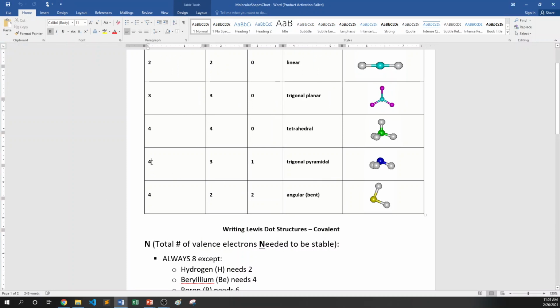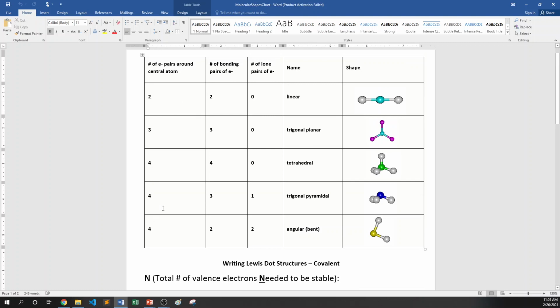So having 4 regions in total, then 3 bonded pairs and 1 lone pair tells us it's trigonal bipyramidal. Is the shape.